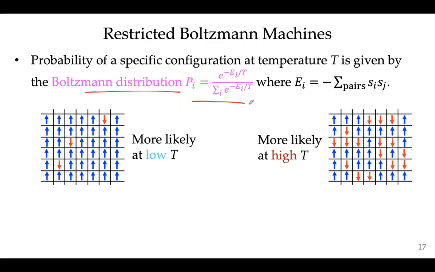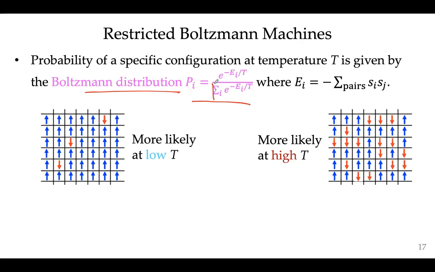It's this formula. Basically, the probability of a particular configuration, which could be this one, for example, is the exponential of the negative energy of this configuration. You have to calculate the total energy by multiplying each pair, plus or minus, and then divide by temperature.